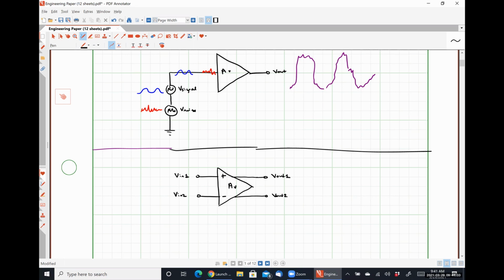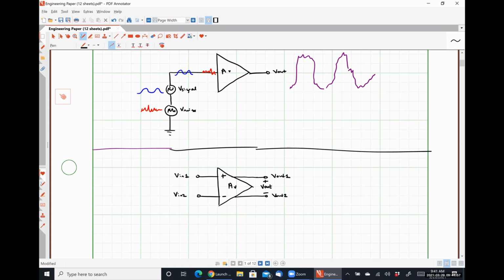But what we can do to eliminate noise is use one of our output signals as a reference to our other output. So for example, I could do something like this, where I'm using Vout2 as a reference for Vout1.